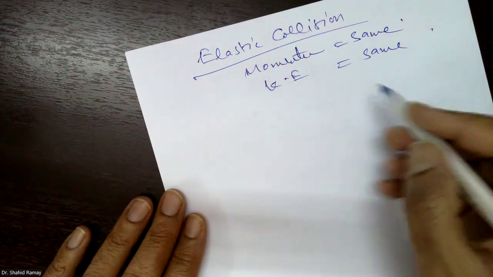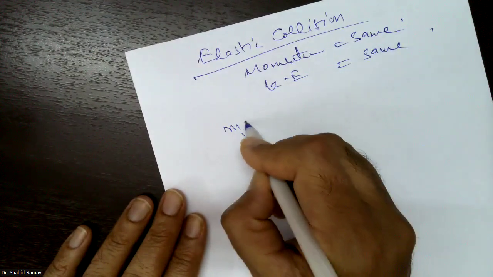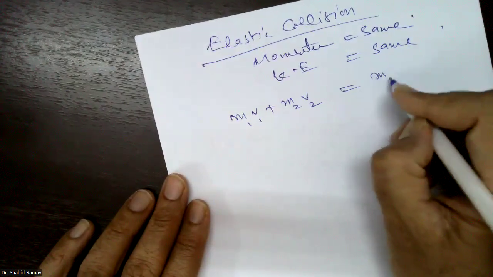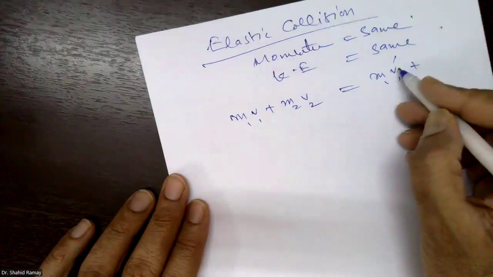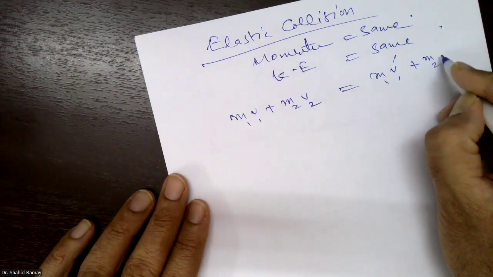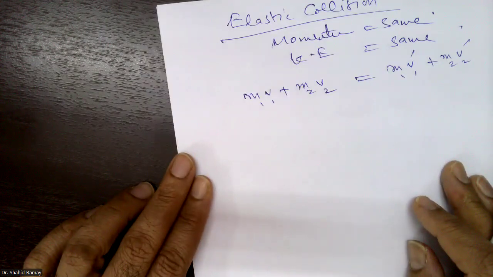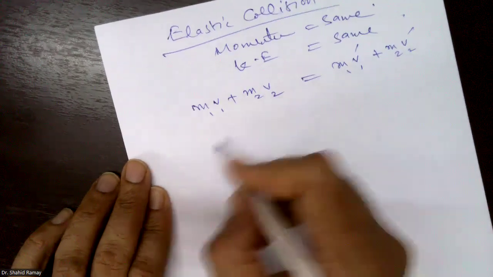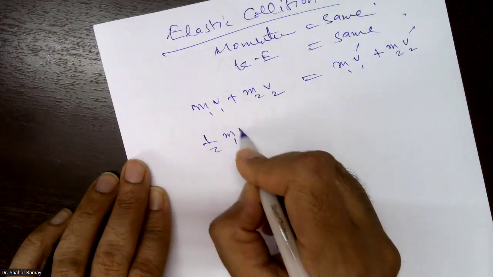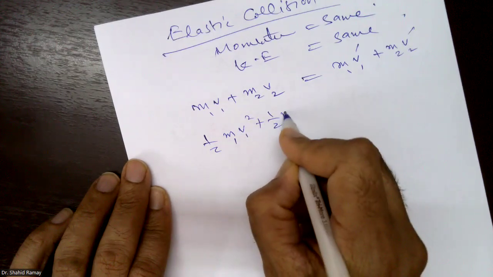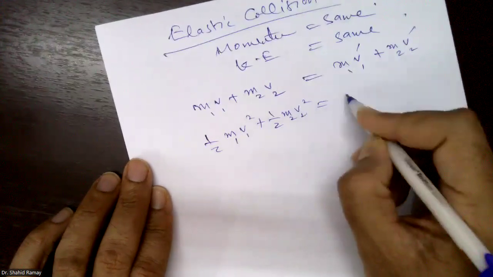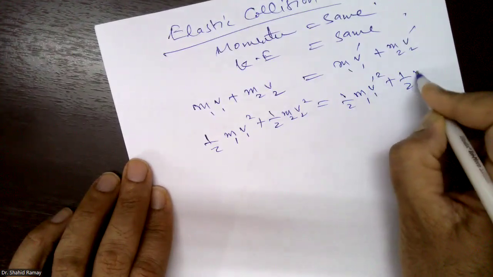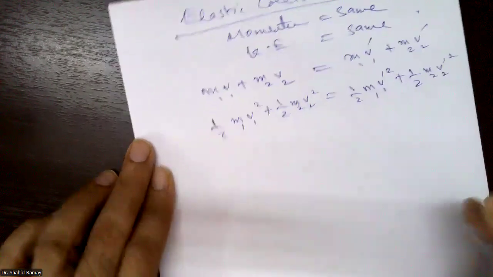If we have two balls, M1 V1 plus M2 V2 before collision is equal to M1 V1 dash plus M2 V2 dash after collision, where dash means the different velocities. And the kinetic energy is the same: half M1 V1 square plus half M2 V2 square is equal to half M1 V1 dash square plus half M2 V2 dash square.